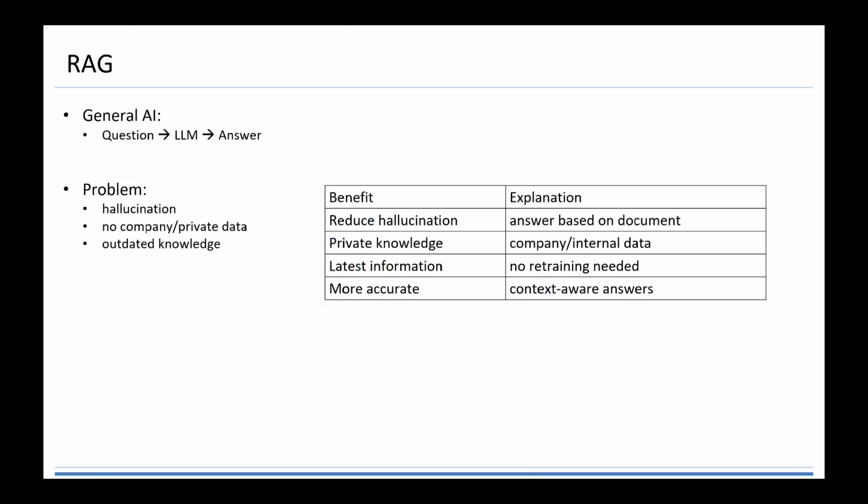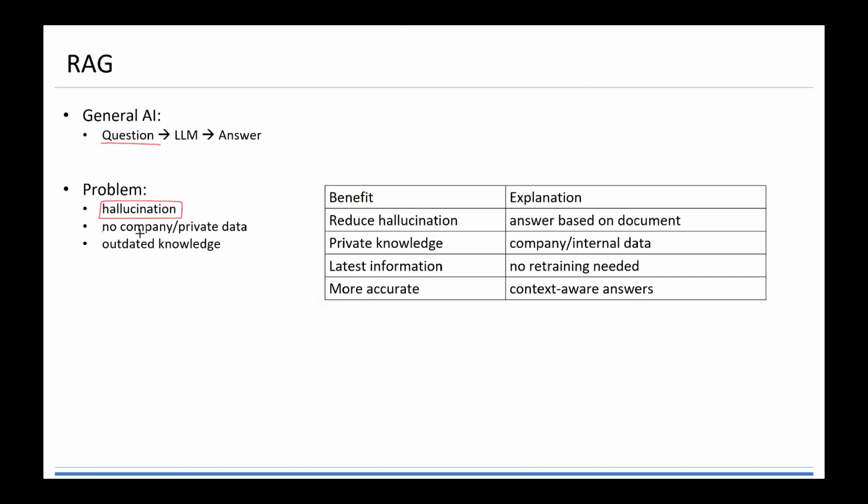In general AI, you have the question. You give the question to the LLM, and the LLM gives you the answer. But there are some problems. The problem might be hallucination. The answer might not be good because your question is too general.